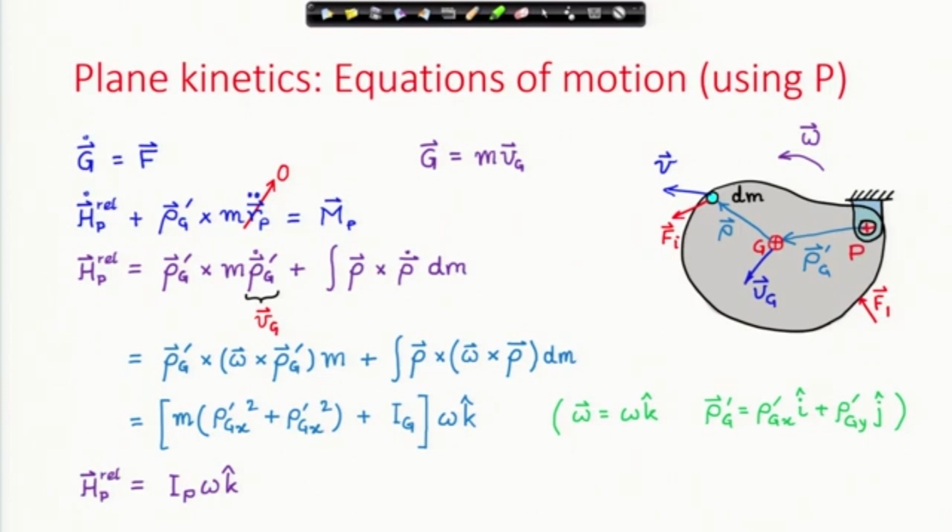Therefore, h P rel gets considerably simplified because of this planar motion assumption, and this can be written for prismatic bodies. We are discussing prismatic bodies.